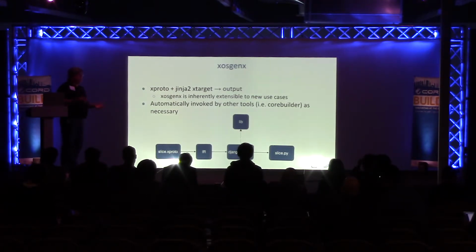That is an X target that we wrote to generate Django data model Python code, making use of some library functions. We generate slice.py, and slice.py is the Django model that would go into the XOS core container to bring up slices in the XOS core.